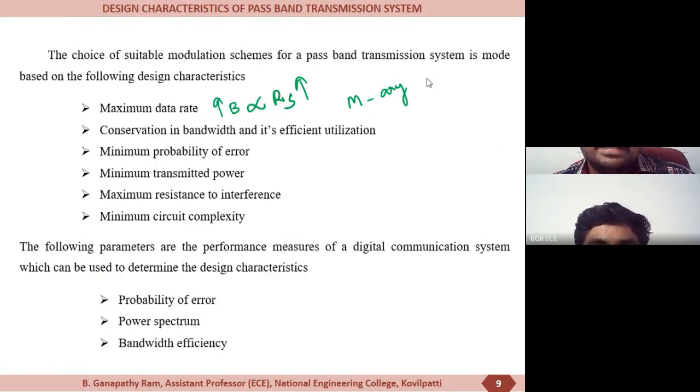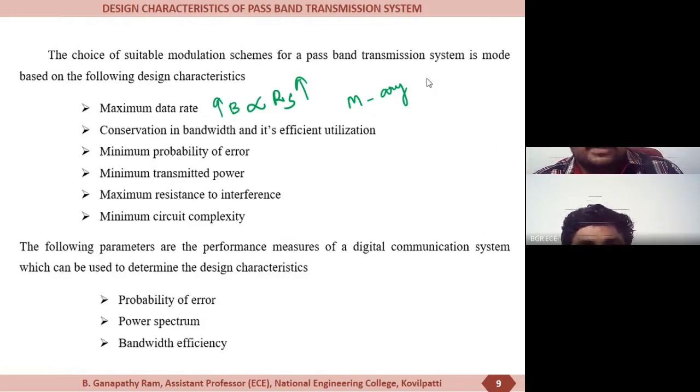Then, minimum probability of error. Generally, the probability of error has to be minimum, so that the quality of the signal at the receiver side will be very high. In the ideal case, if 1000 bits are transmitted by a transmitter, then the same 1000 bits should be received by the receiver without any error.